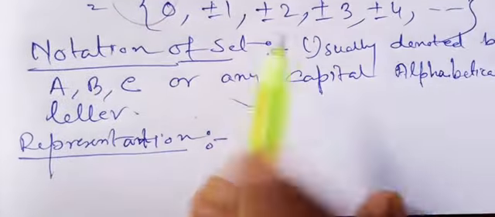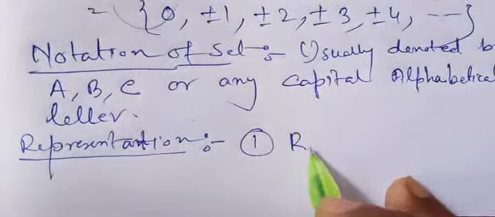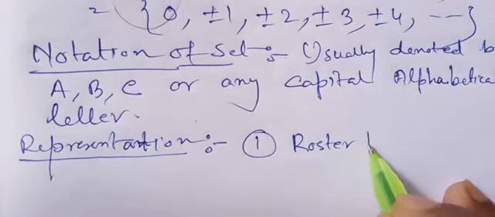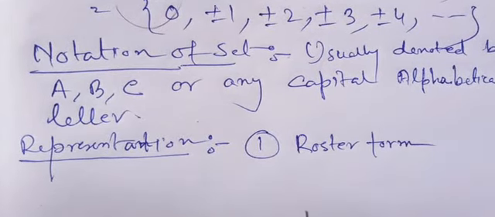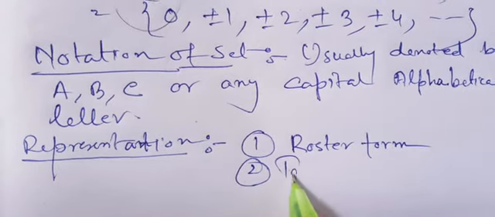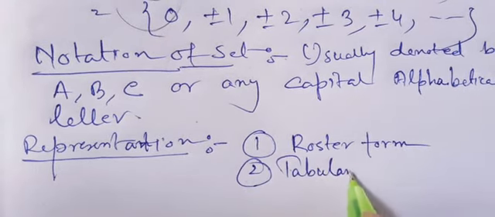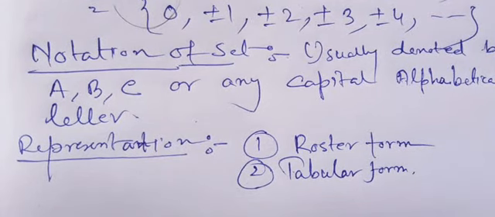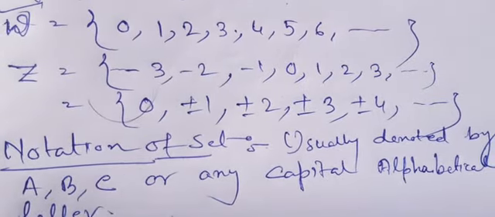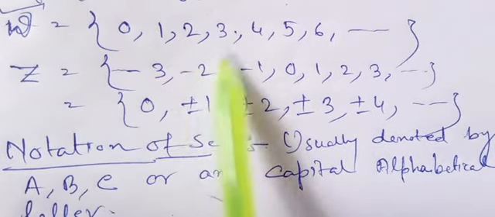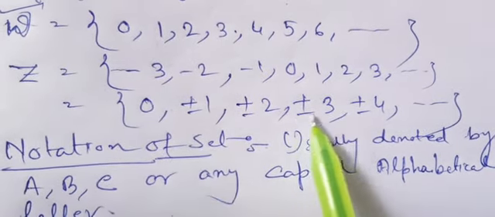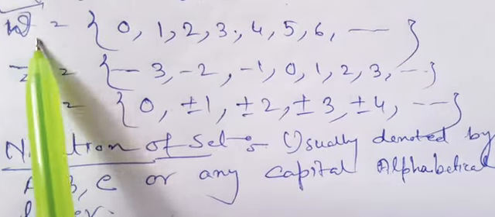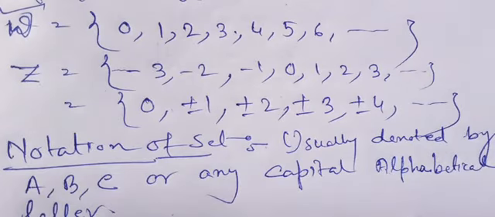There are two representations. First is the roster form, second is the tabular form. My first representation that I have already shown here is my roster form. That is the set of whole numbers, the set of integers, the set of natural numbers. This is in the form of roster form.